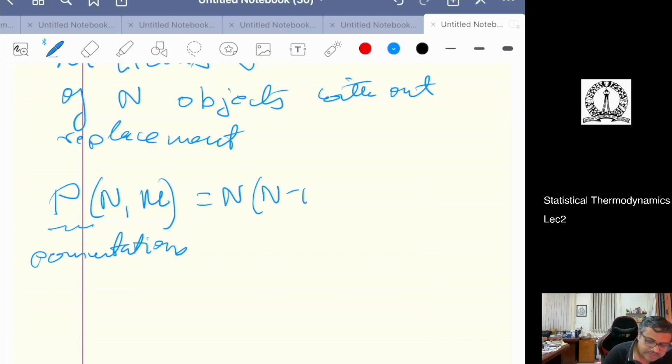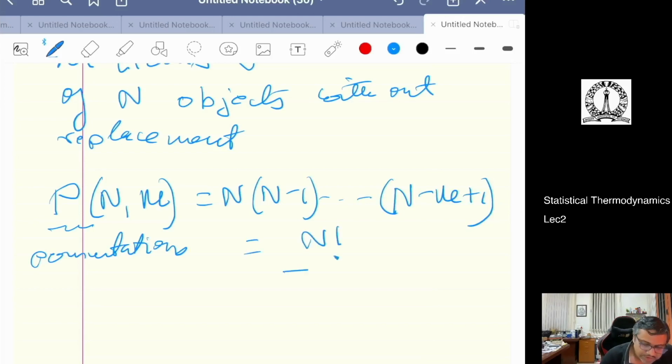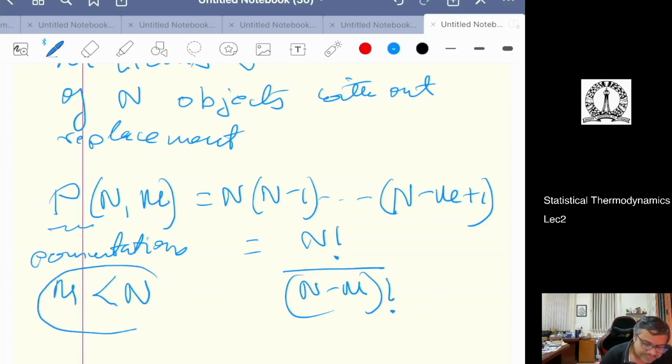First you take out n, and n minus 1, down to n minus m plus 1. Now this can be written in a formal way as n factorial divided by n minus m factorial, right? Where of course m is less than n. So this is the criteria.